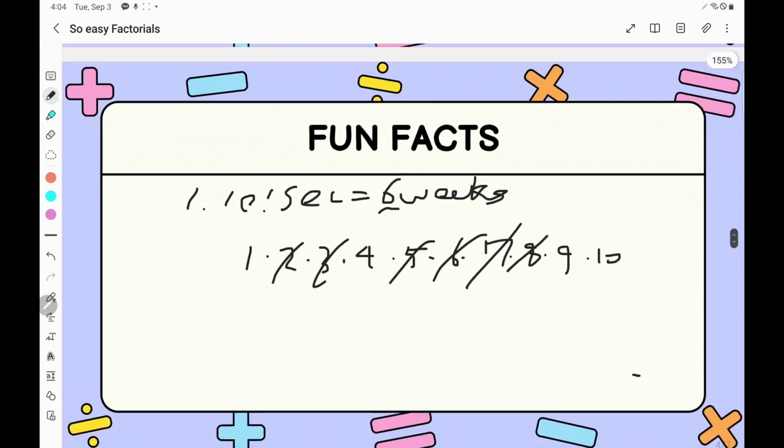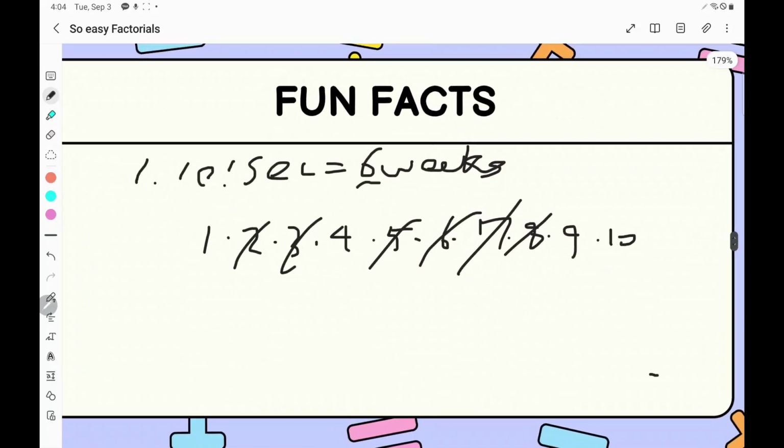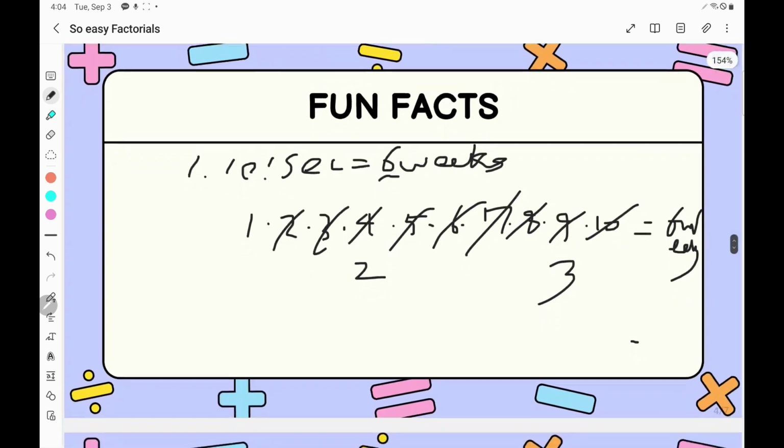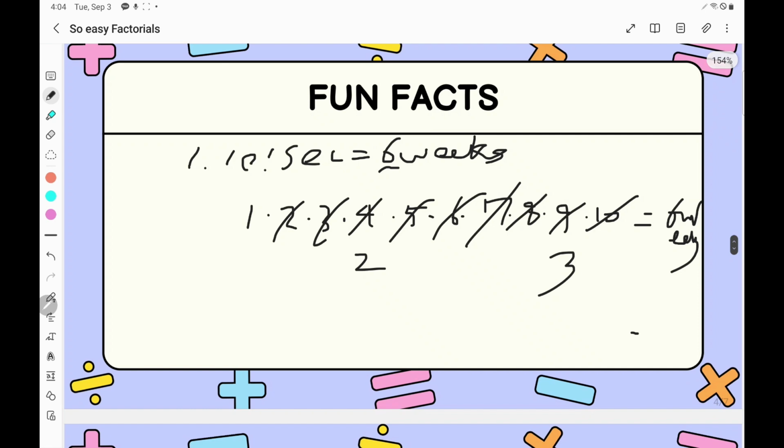Let's try to see it again. So what I've got left is 7 weeks. Oh, now I get it. So we could take out 60 seconds again. So 10, and then this leaves 2, and this is 2. So this means 6 weeks. So the first fact is that 10 factorial seconds is 6 weeks.